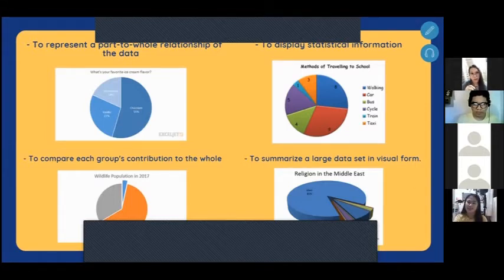Like for example, we have 40%, 30%, until it equals 100%. Compared to a line graph or bar graph, which shows changes over time, the pie graph is complete. So it is the easiest way to identify the differences among every group in the pie chart.